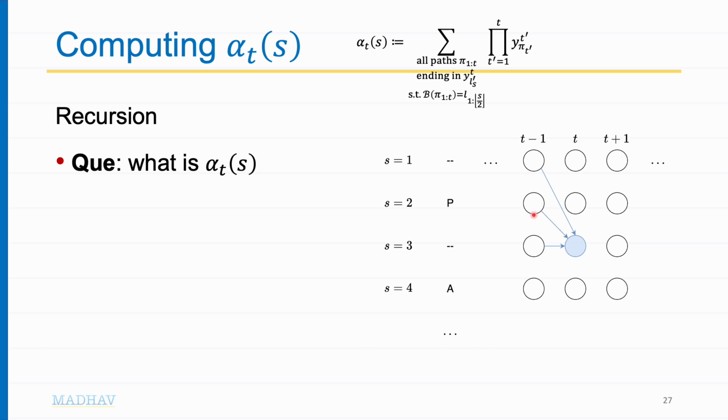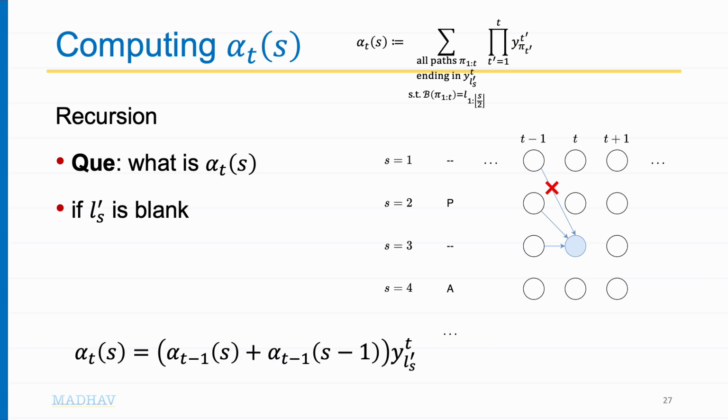It won't be a valid path. So if l dash s is a blank, then basically this path is not allowed. So what do you get then? Only two terms, at sth node and the s minus 1th node. That's it. And you multiply it with the current y, y t l dash s.